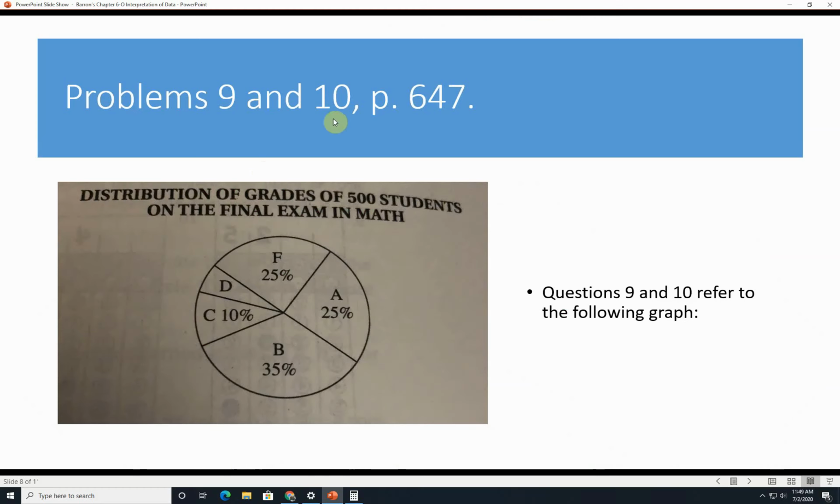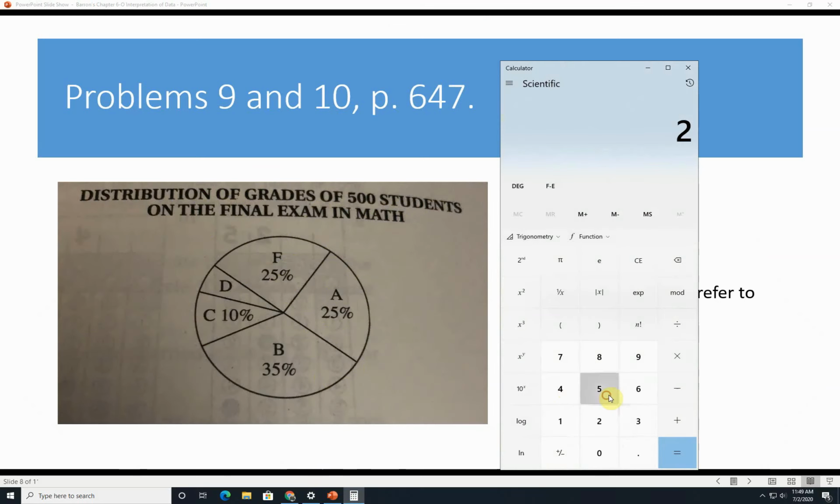Problems 9 and 10, page 647. The distribution of the grades of 500 students on the final exam in math. All right, so we see, 25% failed. That's not good. So just quickly adding this up, 25 plus 35 is 60, plus 10 is 70, plus 25.